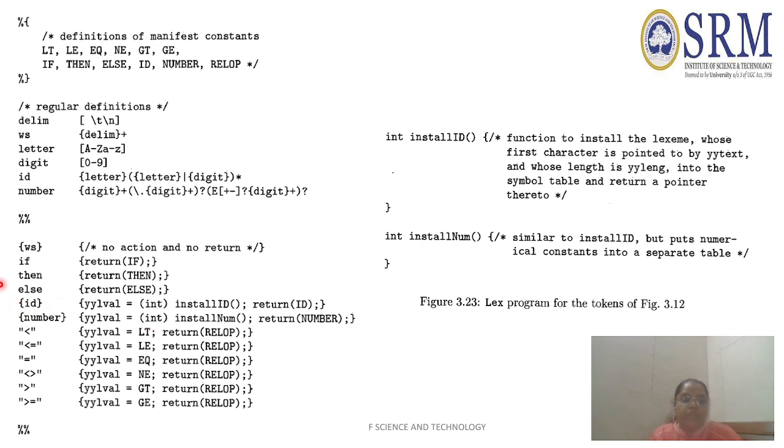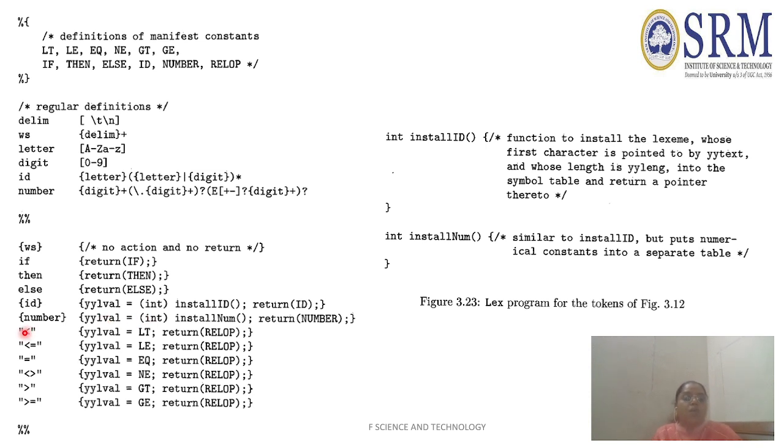So for identifiers, install ID will be invoked, and it returns an ID that will be assigned to yylval. Similarly, if you find a number constant, you will invoke an install num function, and it returns an integer that will be assigned to yylval.